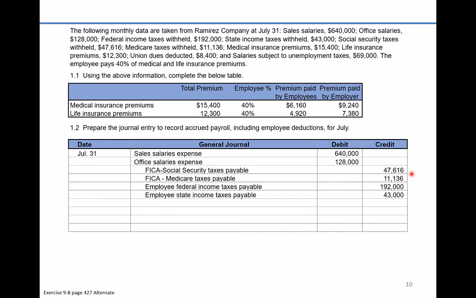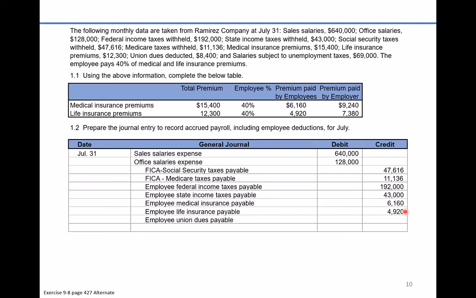Employee federal income taxes payable of $192,000 will be created, to be forwarded in the future to the IRS. State income taxes payable of $43,000 is created, because that's going in the future to the various states to whom those taxes belong. Employee medical insurance payable, $6,160. That's going towards the total premium that has to be paid for employee medical insurance. Life insurance the same, for $49,200.